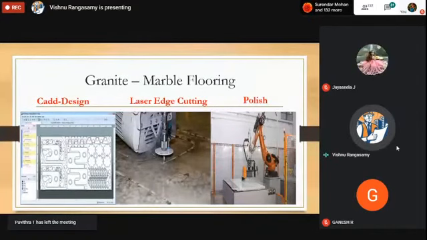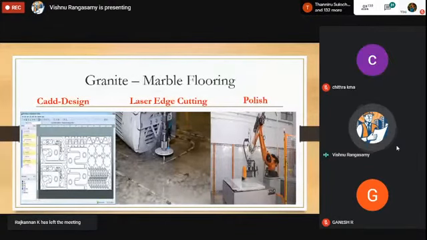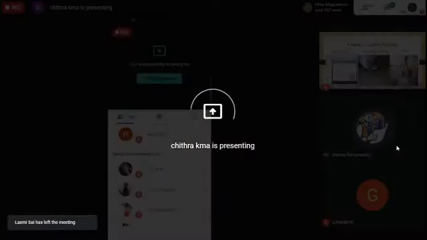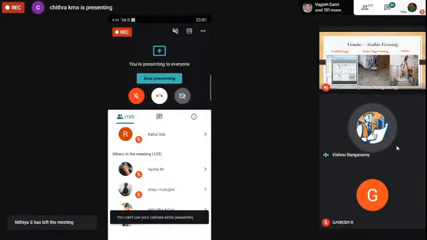So you can do some designing work with those advanced technologies. We must insert the CAD design. Next to that is laser cutting. Mainly nowadays, granite deals with water jet cutting, because as we know marble is much softer, so we go for a water jet.